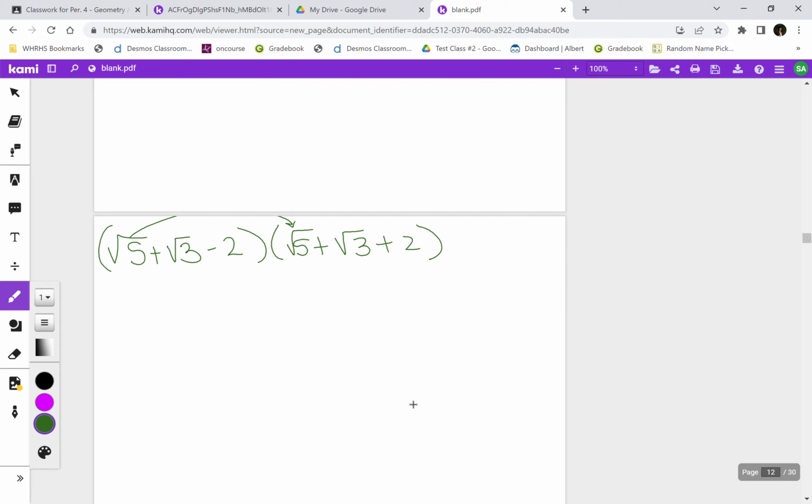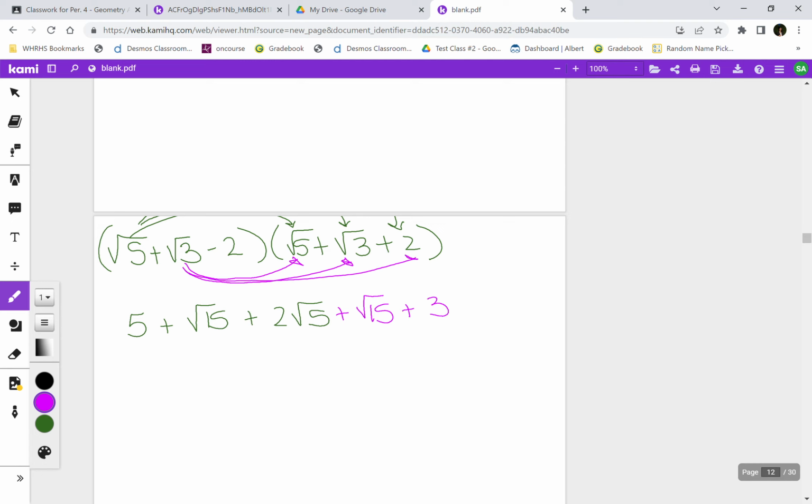Root 5 times root 5 is 5. Root 5 times root 3 is root 15. Root 5 times 2 is 2 root 5. Then I'm going to use the root 3. Root 3 times root 5 is root 15. Root 3 times root 3 is 3.